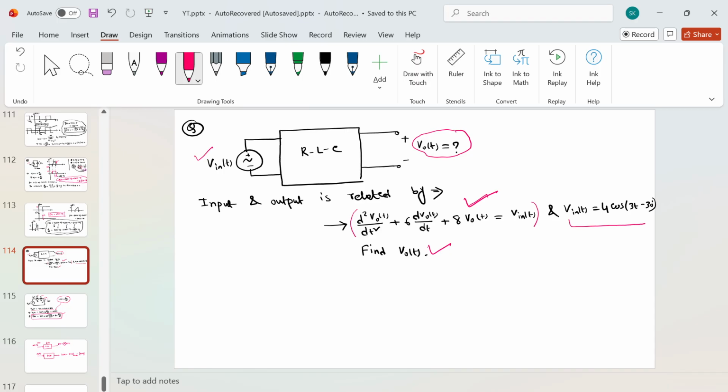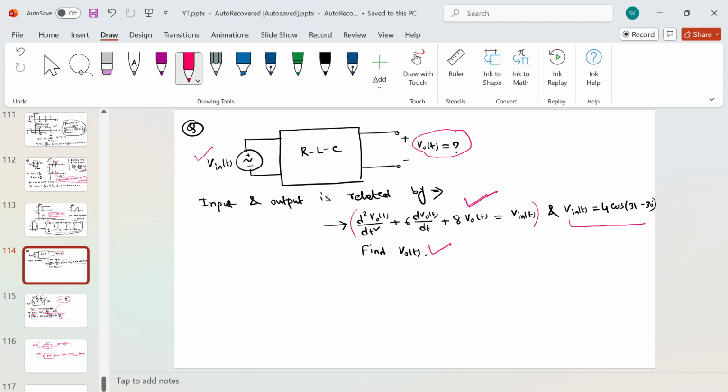For example, if you measure a resistance today as 10 ohm, it should not change after 100 years, but due to aging effects, the 10 ohm can change to 10.5, 11 ohms, like that. Those things I'm not considering. I'm considering that it is a linear time invariant system.